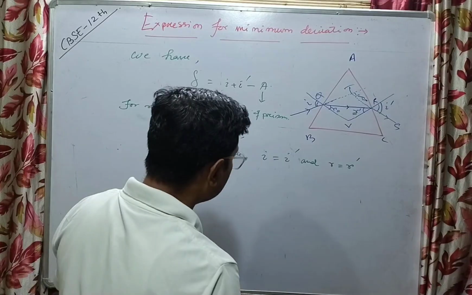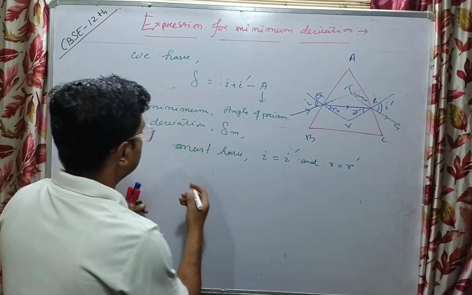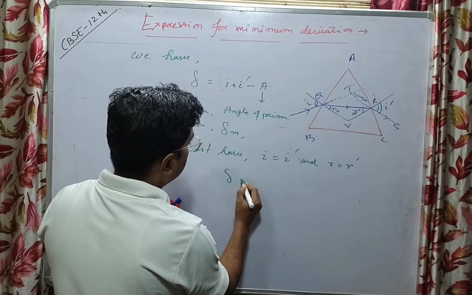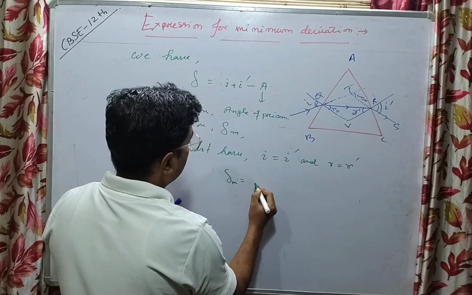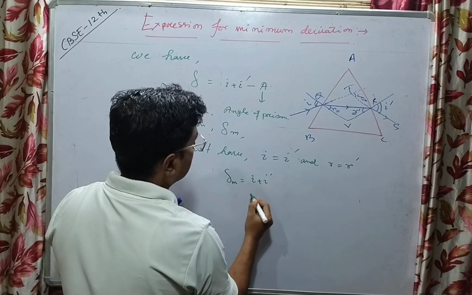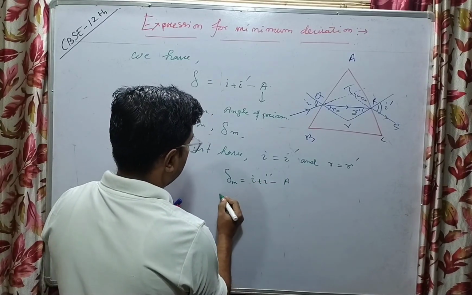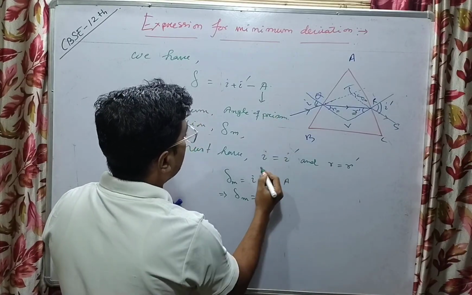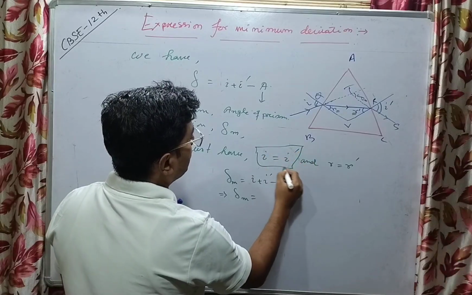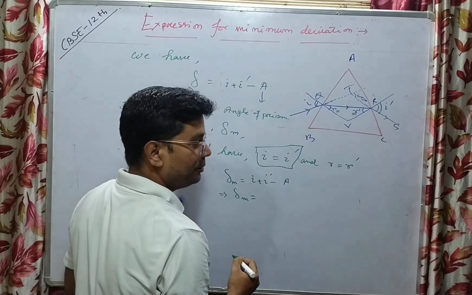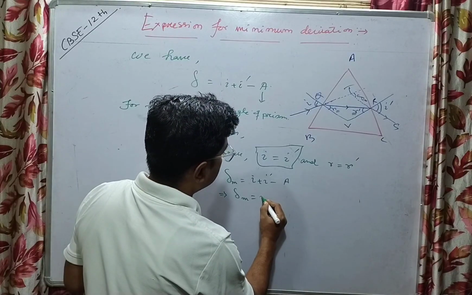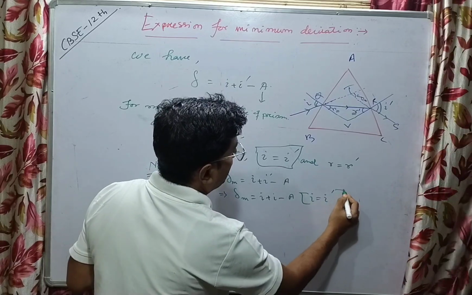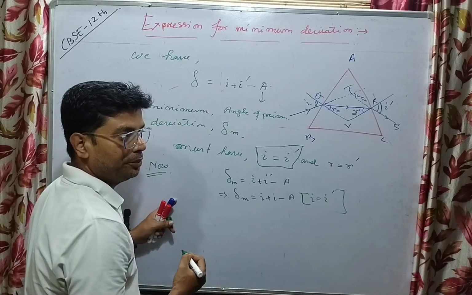Now we have delta m equal to I plus I dash minus A. Since I is equal to I dash for the minimum deviation, I can write delta m equal to I plus I minus A. This is the condition for the minimum deviation.